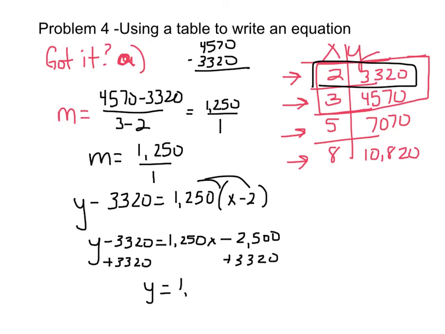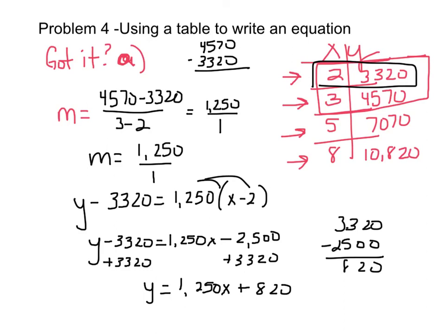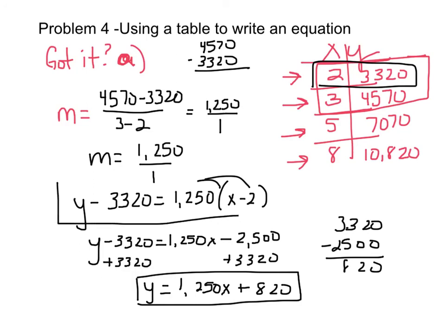I get y equals 1,250x plus 820. So there is my equation. So what is the equation in point-slope form that models the data? Well, in point-slope form, your answer would be this. Or you could use any one of these points, it doesn't matter. But I want you to solve them for y, so that would be my answer as well.